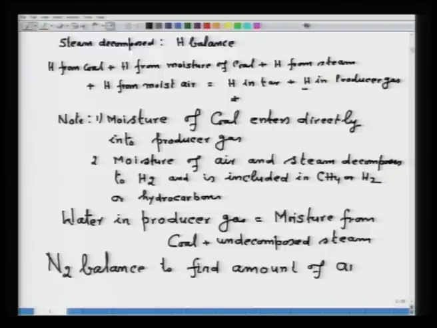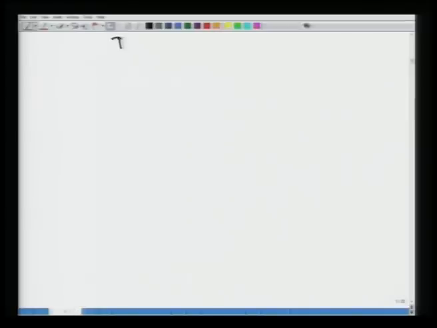Here one should note that if the air is dry, then it is clear: 79% nitrogen and 21% oxygen. Now, if the air is moist, this composition is no longer valid.